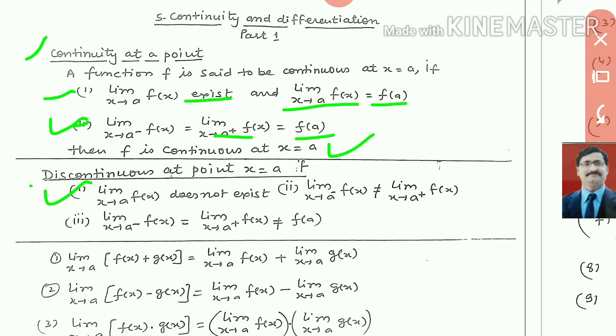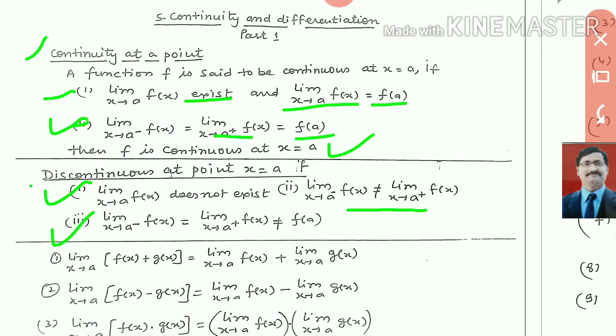Next is if the left hand limit is not equal to the right hand limit, meaning limit x tends to a minus f(x) is not equal to limit x tends to a plus f(x). Then the function is discontinuous at x equal to a.